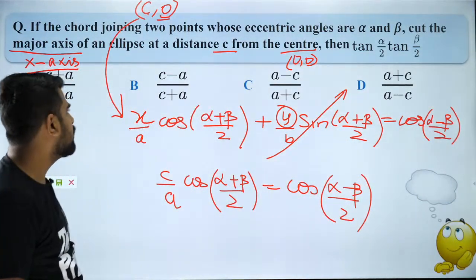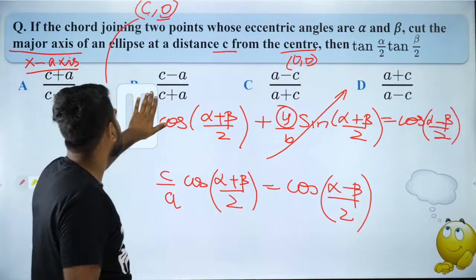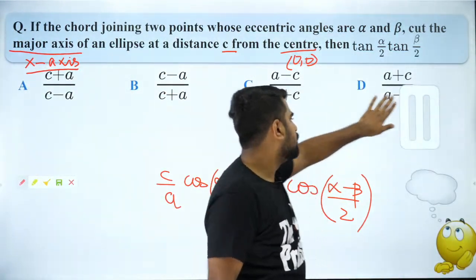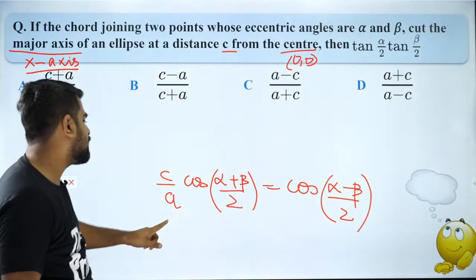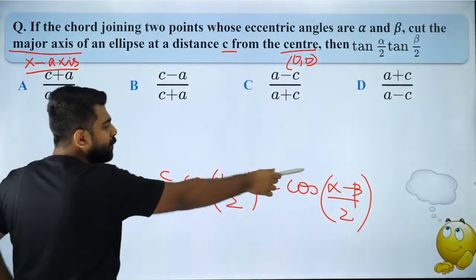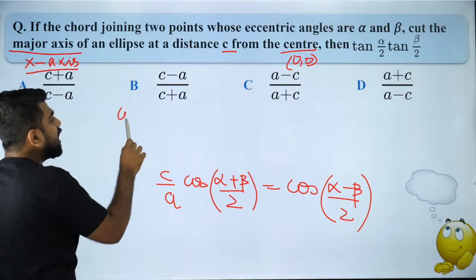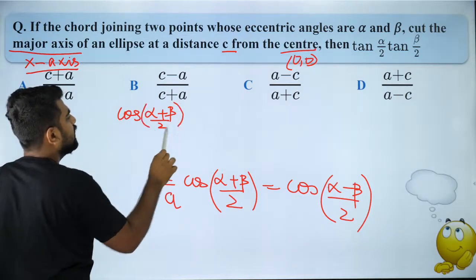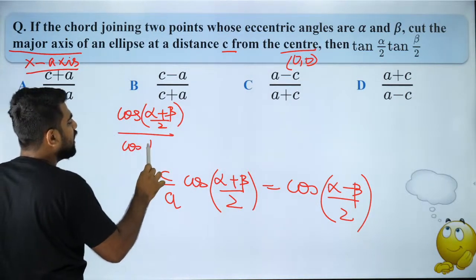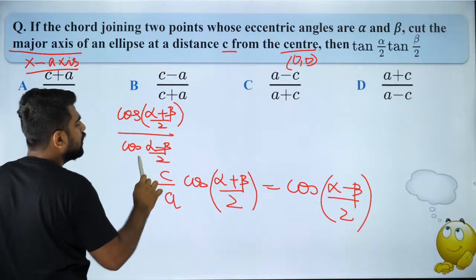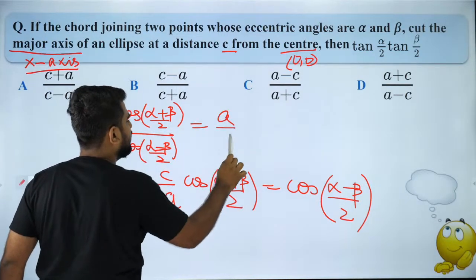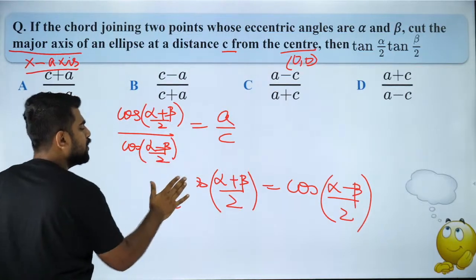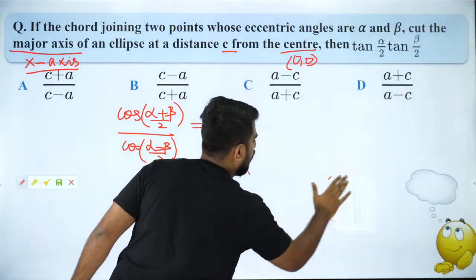So I have a very nice expression which I can use to get my answer. So I'll have cos of alpha plus beta by 2 divided by cos of alpha minus beta by 2 is equal to a by c. Are you all clear with that, everybody?